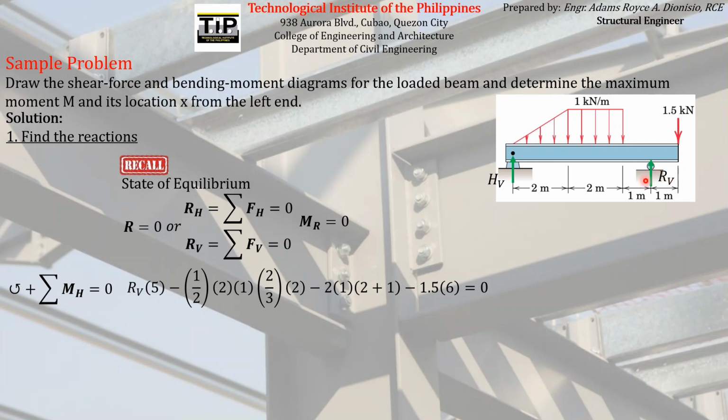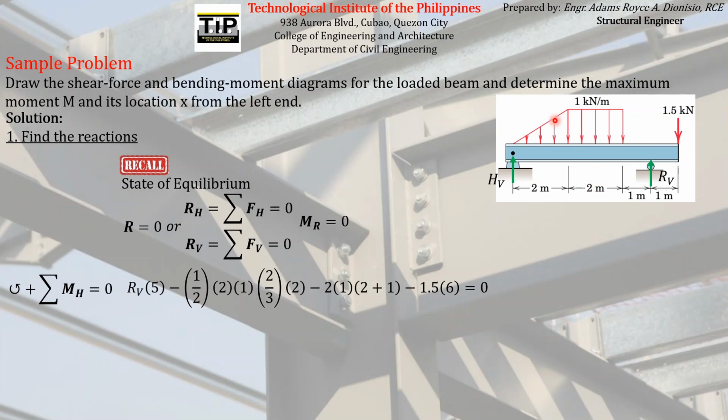So we start with RV. Moment is just equal to force times perpendicular distance. So this is the force RV, and the perpendicular distance with respect to point H is equal to 2 plus 2 plus 1, which is equal to 5. And its direction is counterclockwise, so it must have a positive sign.